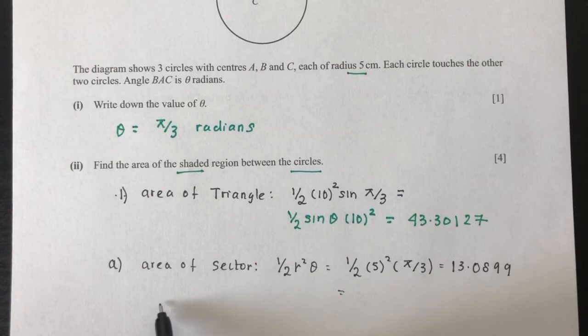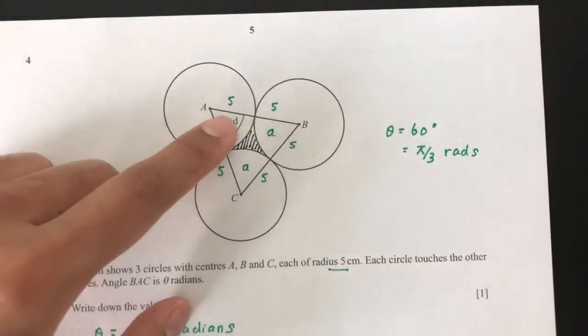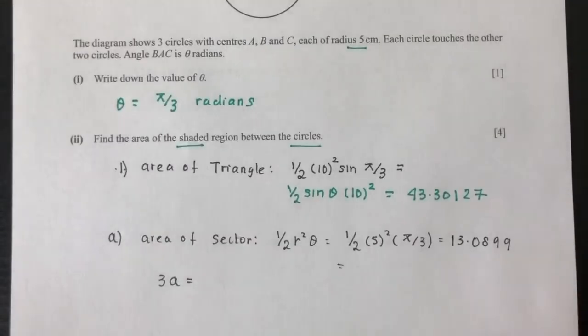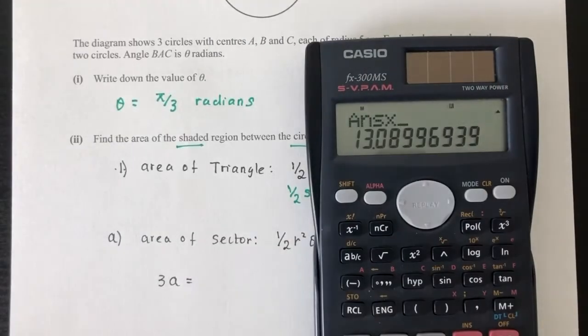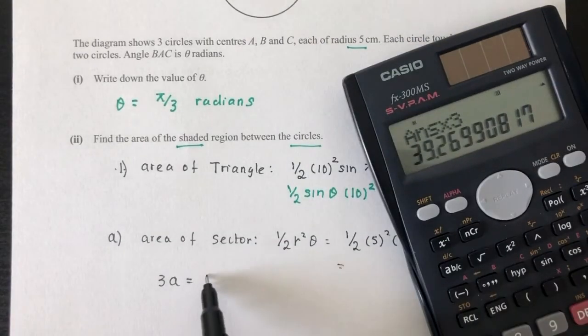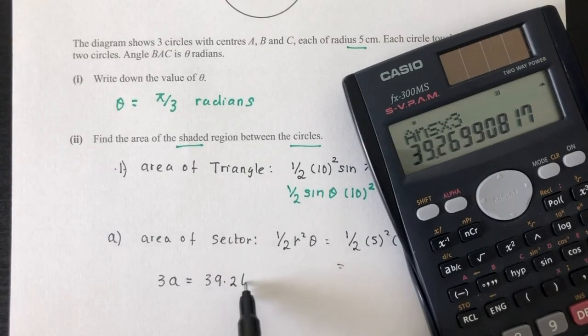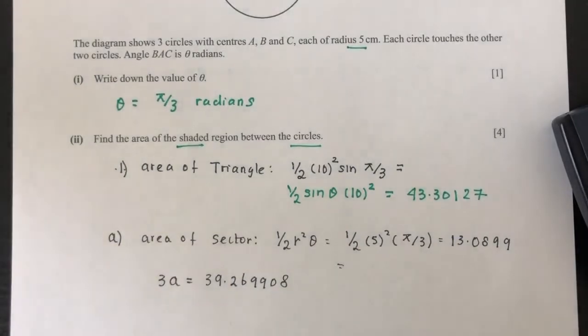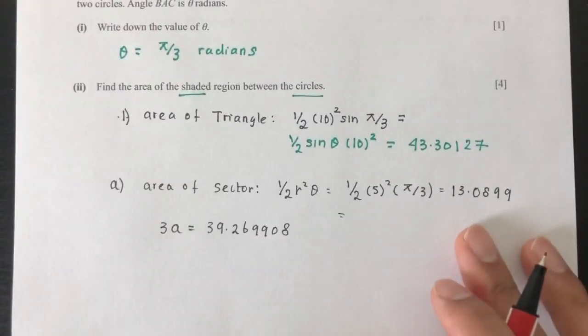Now, that is only one of the sectors. We need to find the area of 3A because we need to minus 3 of the sectors, right? So times 3, let's see what we get. That should be 39.269908. So finally, from that, you can find your area of the shaded region.